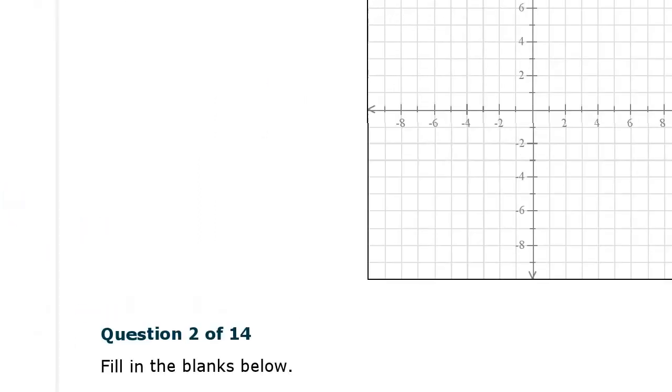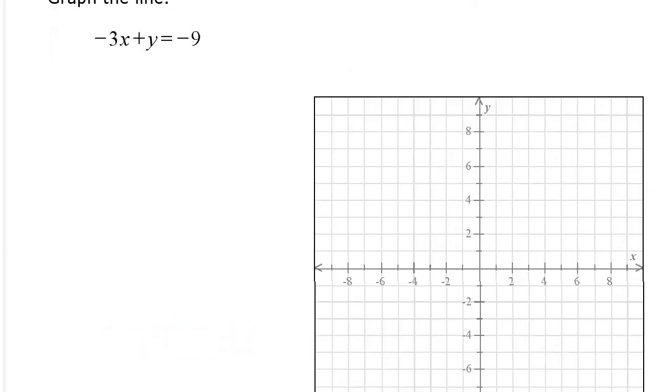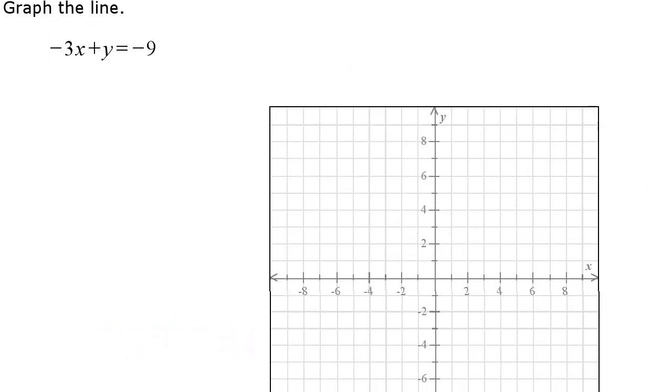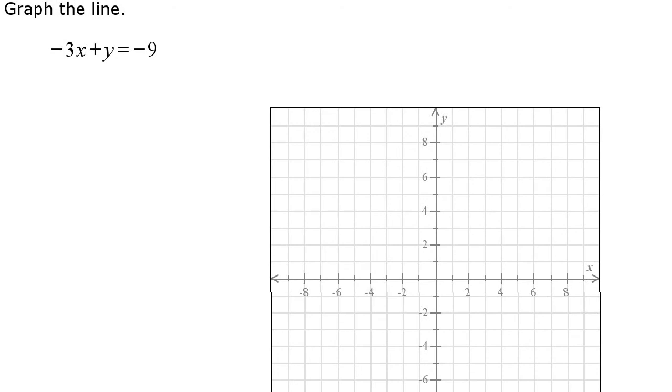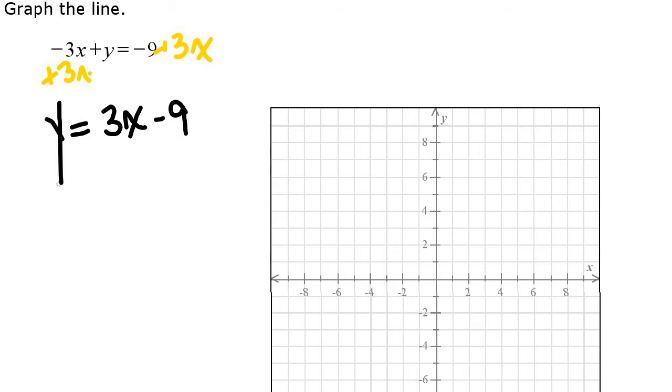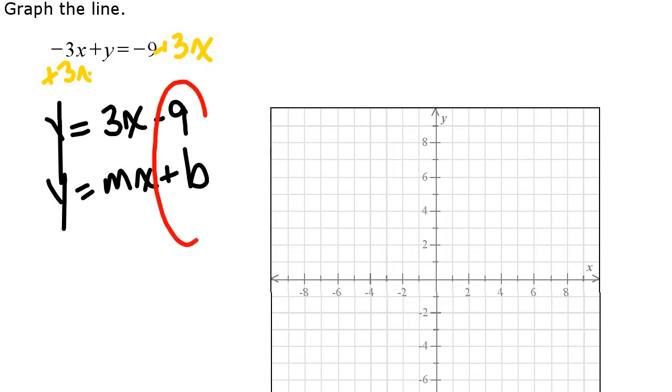So we started this unit with graphing of lines. We want to graph this line, negative 3x plus y equals negative 9. You always start with the y-intercept, which is your b.